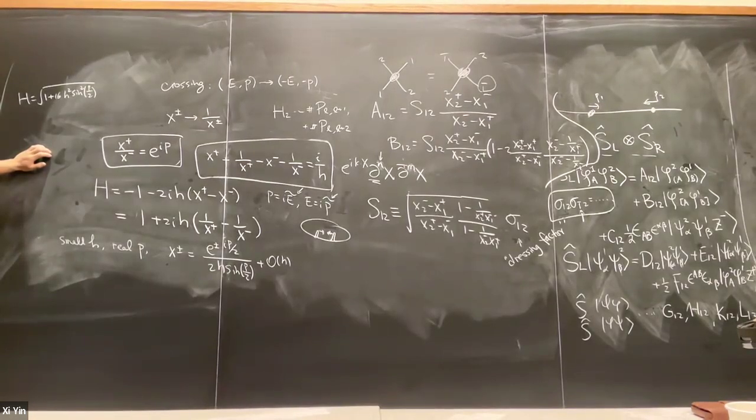Would that P be like a Fourier transform with respect to those kind of ends?